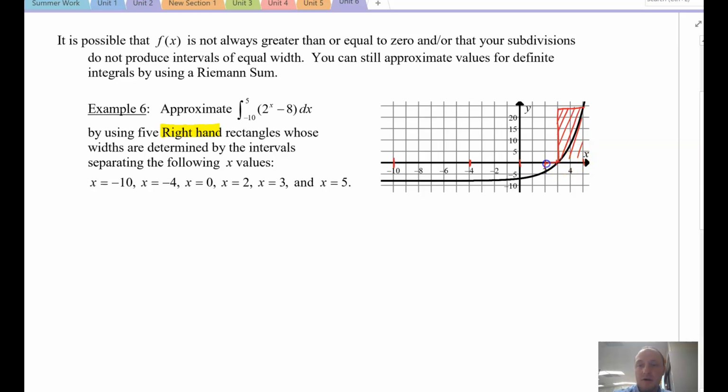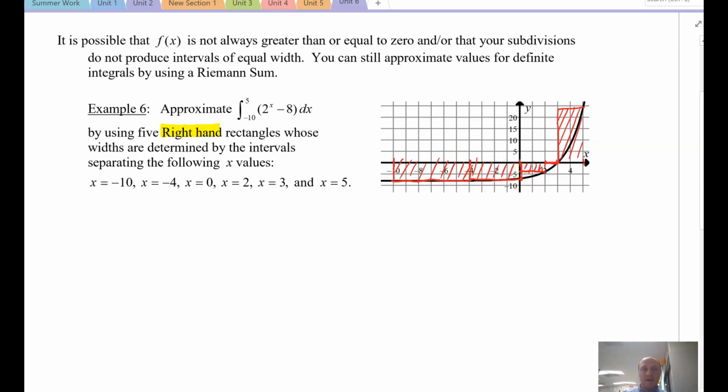Notice it's 0, so that rectangle is 0. Then I'll go to the right-hand value for 2, that's here. Then the right-hand value at 0, which is here. And then the right-hand value at -4, all the way to here. So here is the visual of the Riemann sums, and these are right-handed Riemann sums.